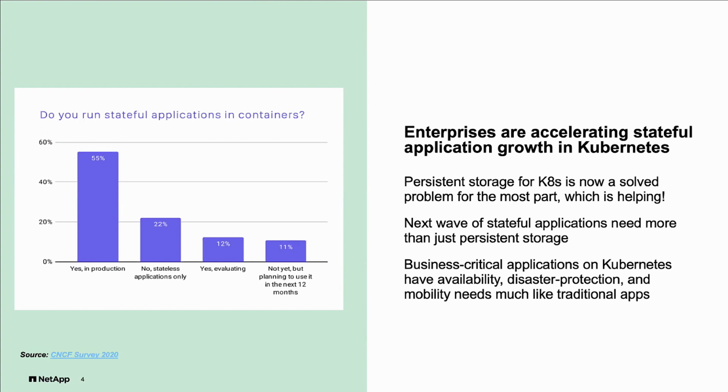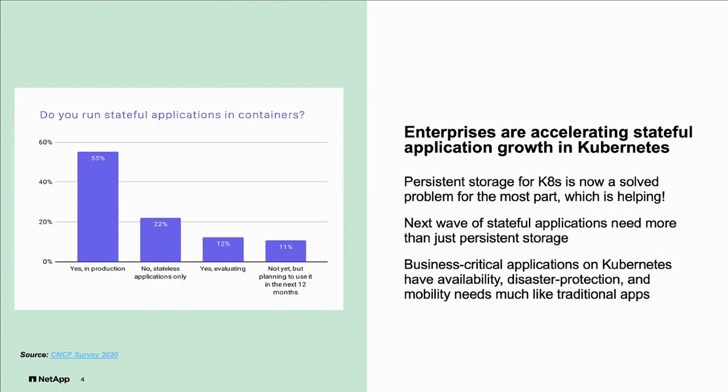The CSI interface is stable. There are 92 implementations of CSI drivers out there. They're doing the job, right? So consuming persistent storage for Kubernetes is not the problem that it was 3-4 years ago, when I started on this Kubernetes journey myself at Red Hat.